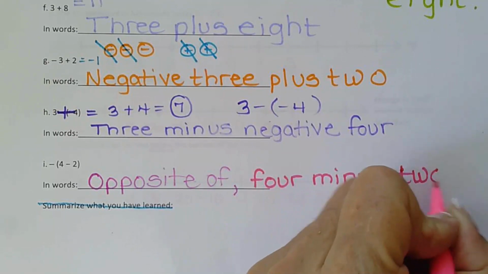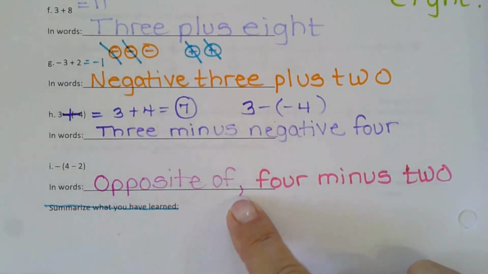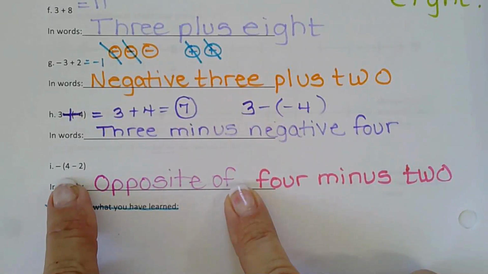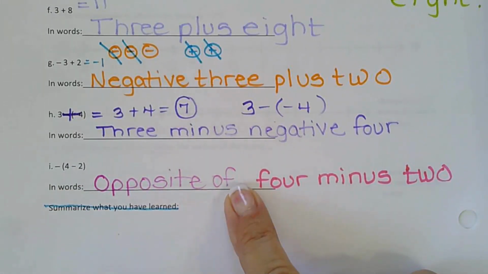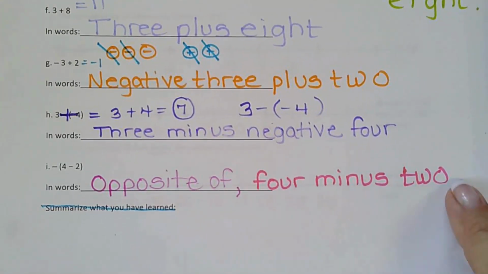So if I didn't have the comma there, that would mean the opposite of 4. So this would mean negative 4 minus 2, and that's not what this is. So that's why we need the comma, or to say the opposite of the quantity, but the comma takes the place of those words.